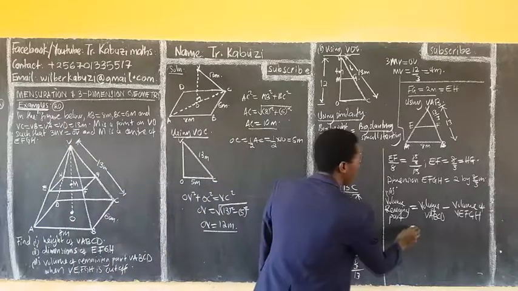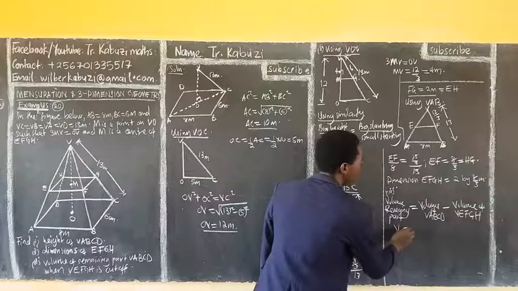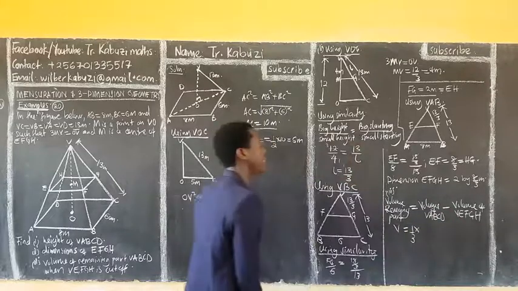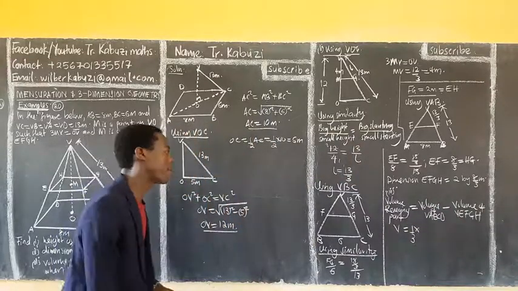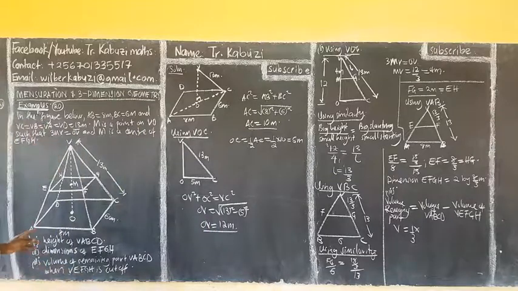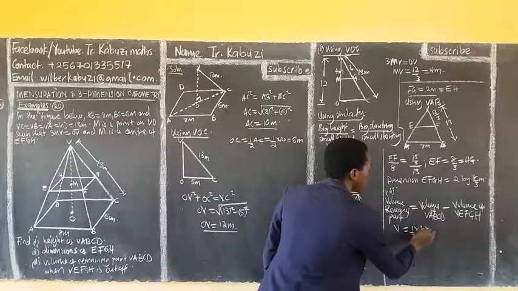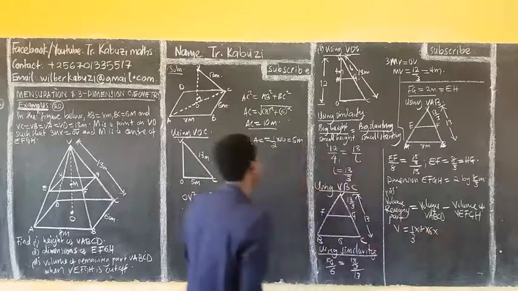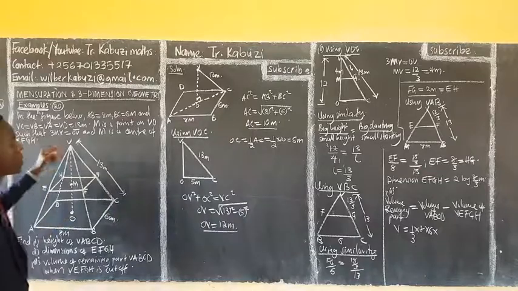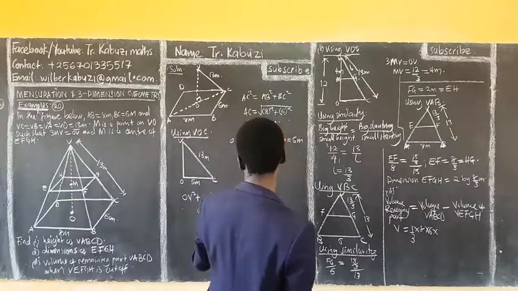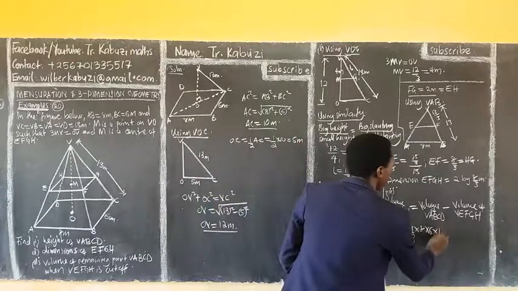Now the formula for getting the volume of a pyramid is one-third times the base area. So the base area here is going to be 6 times 6, then times the height, the height from here up here, which is VO. Our height VO is 12.